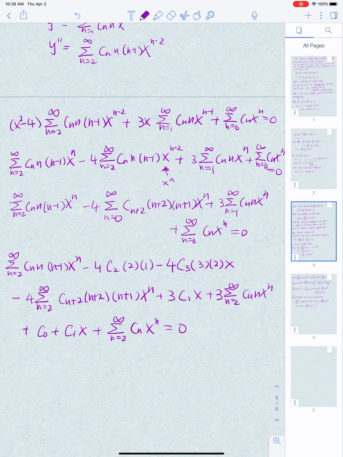Okay, now we'll look at all the sigmas. They start from the same value. They have the same x power, so we can combine them together.